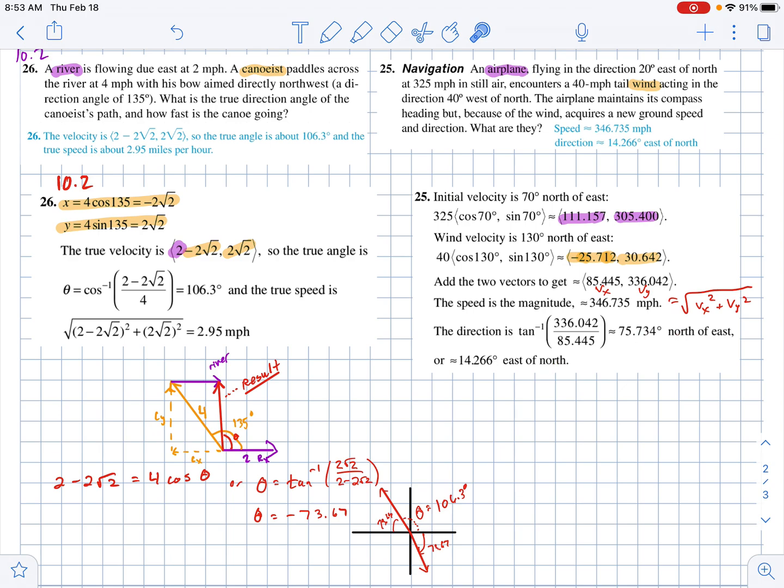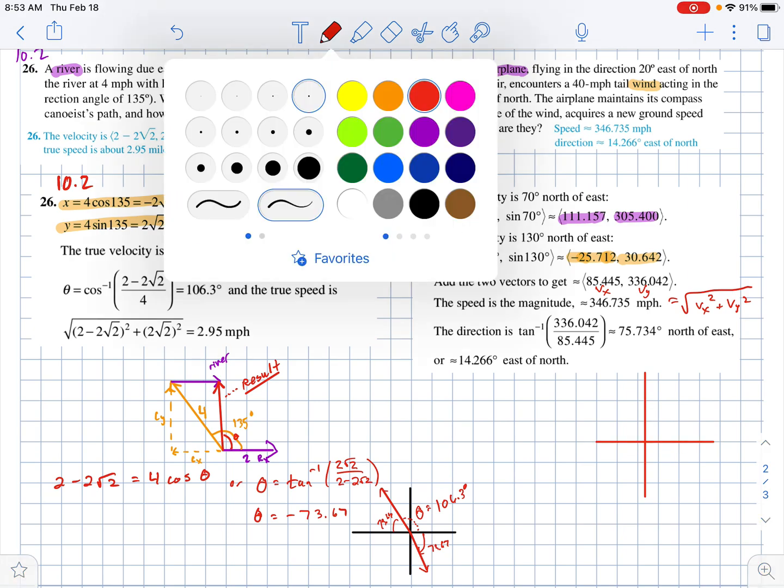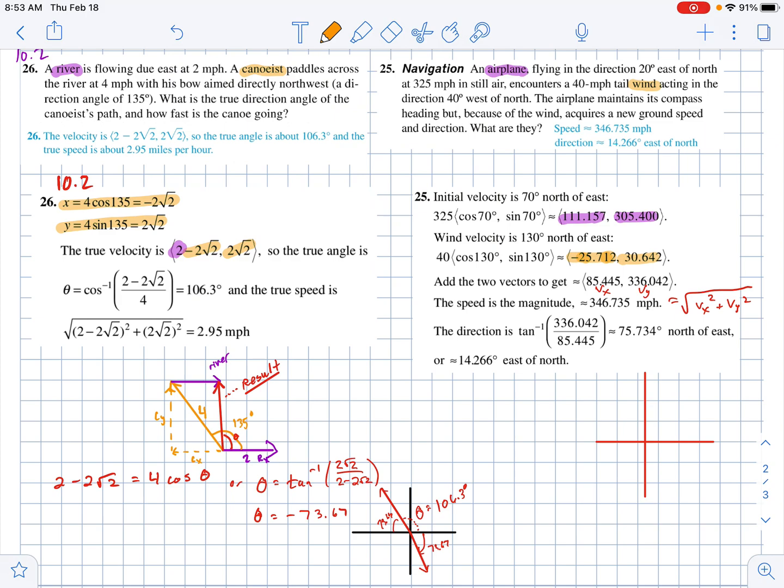And north of east, east of north, it's all relative here, depending on what we get. The key is, in all of these, you have to keep track of your axes, and you have to keep track of your directions. So, for this one, this first vector was going negative in the x and positive in the y, so it's going like that.